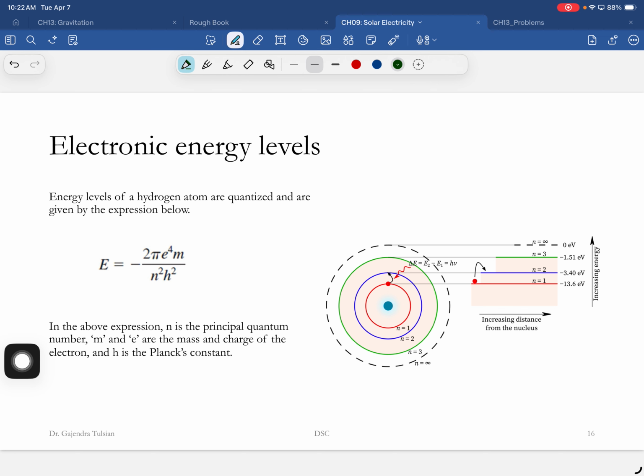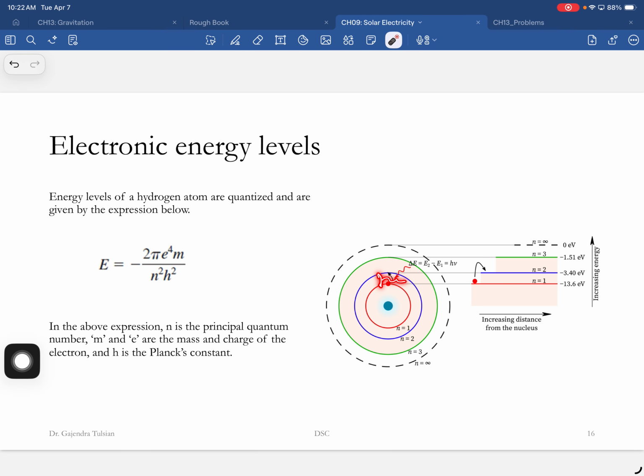So you can excite. Here are these energy levels written in increasing energy. When you shine this photon, the electron got excited from here to there. These are the energy levels, where n is the number of the orbital, the orbital quantum number.